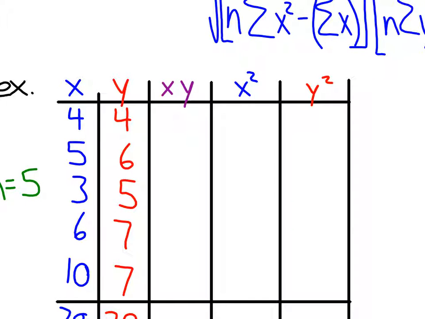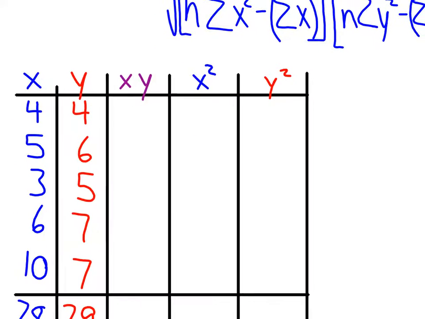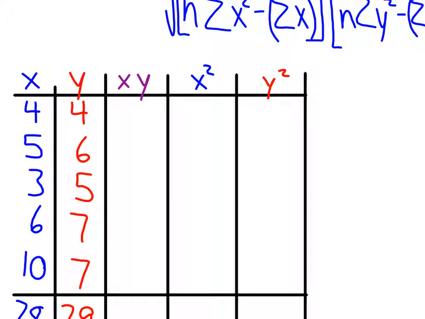Now, these variables could represent anything. In first period, we've got a number of football fans, so they were saying, what if X was the number of rushes by a running back, and then Y was the number of yards gained?